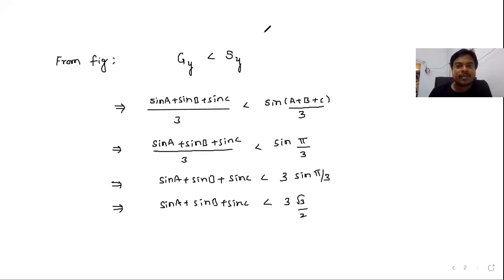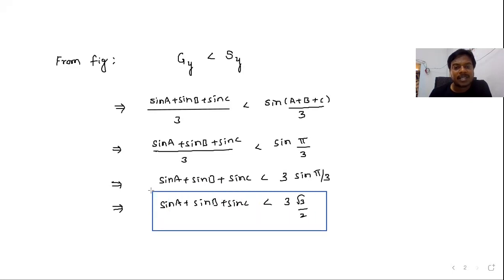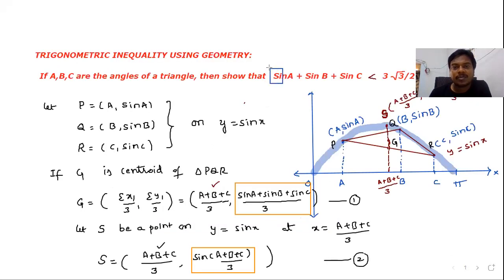Therefore, we got the inequality sin A plus sin B plus sin C is less than 3 root 3 by 2. Let us see, this result is proved. Sin A plus sin B plus sin C is always less than 3 root 3 by 2.